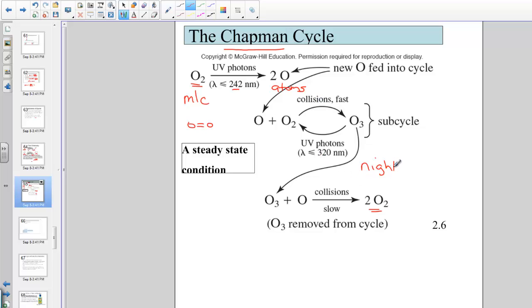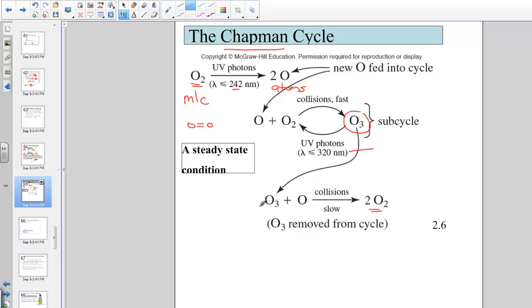At night when the sun goes down, we generate back molecular oxygen and we're ready to begin the next day. So ozone works in conjunction with molecular oxygen to prevent radiation from ever hitting the troposphere and keeps it up in the stratosphere.